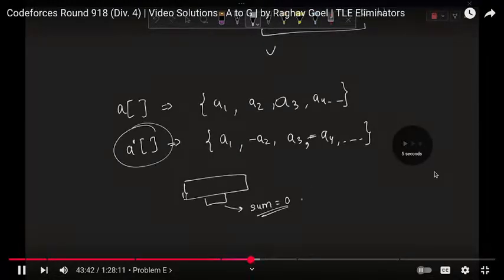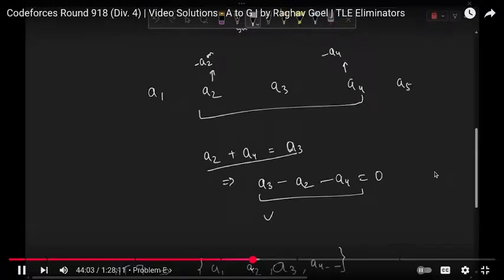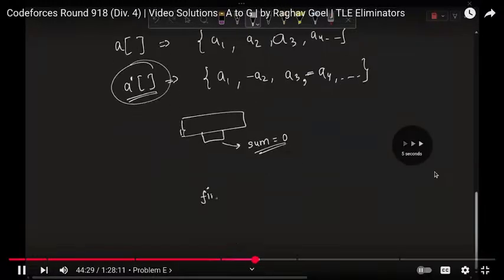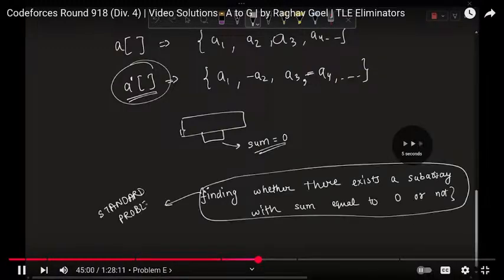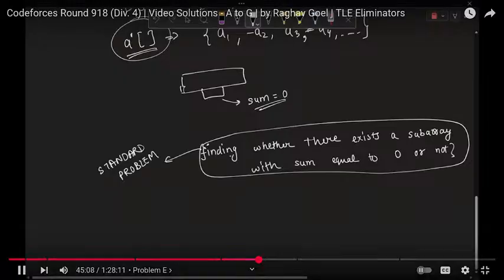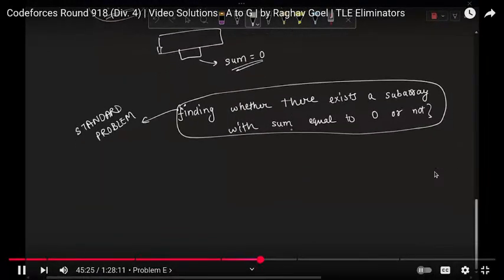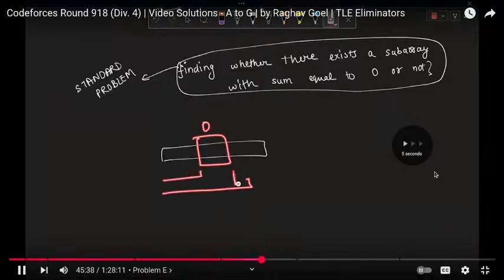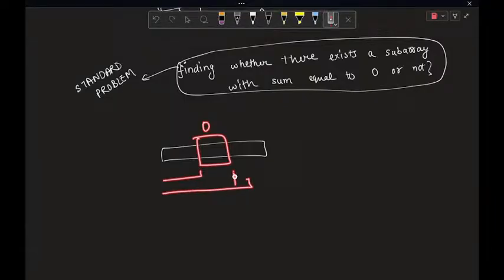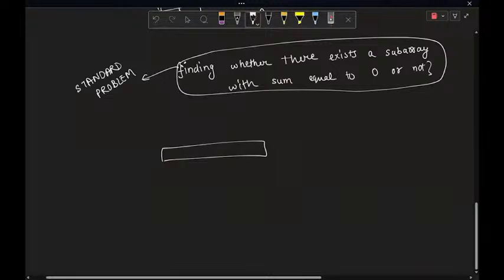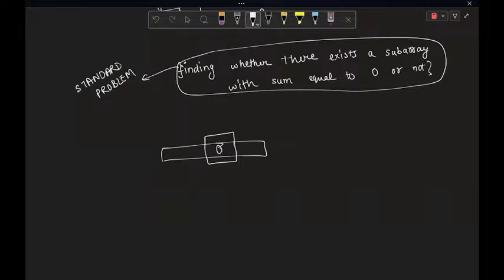so this thing makes sense. This is fairly easy, and for this kind of problem, if there is any subarray whose sum is equal to 0, then the sum of the elements till here would be equal to the sum of elements till there, because this part is a 0, right?